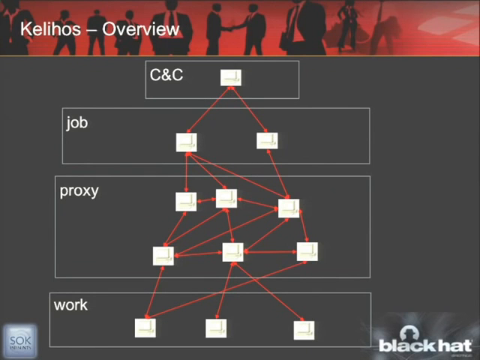When the worker gets the URL to download the binary, to update to the new version of Kelihos, the binary actually comes from the job servers. It's not from the CNC server. The CNC server is just to upload the configurations to the job servers. Any important information is stored at the job servers.